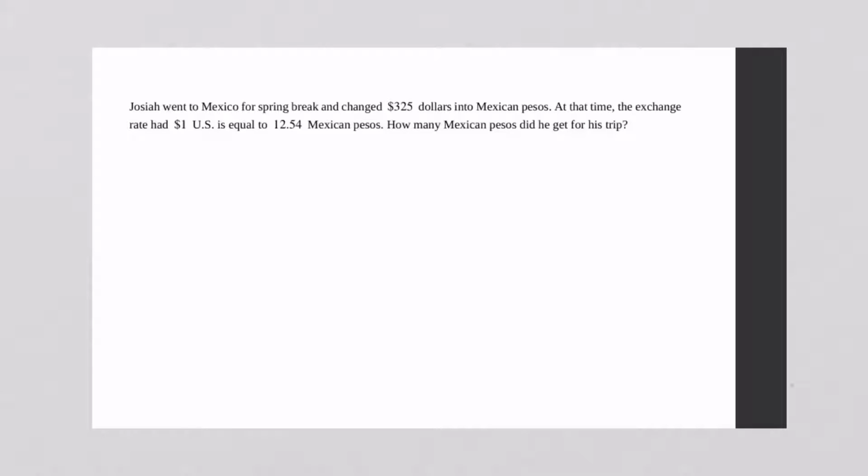So we're going to set up the proportion. We know that $1 is equal to 12.54 pesos. And Josiah has $325, and I don't know how many pesos. So I'm going to cross multiply.